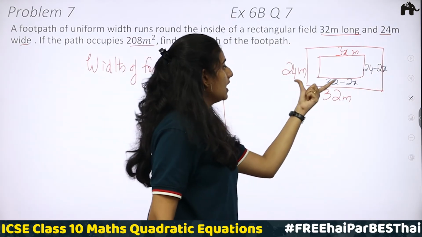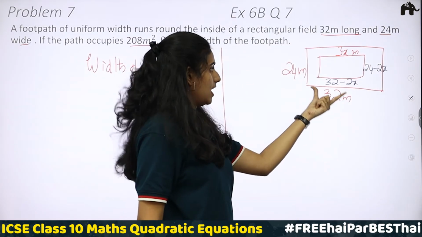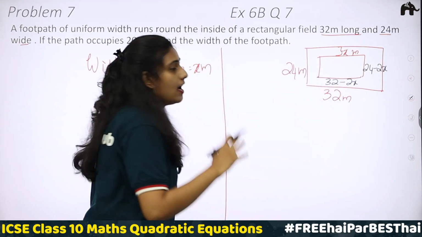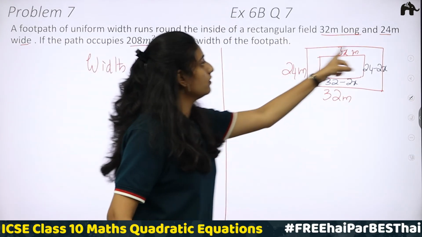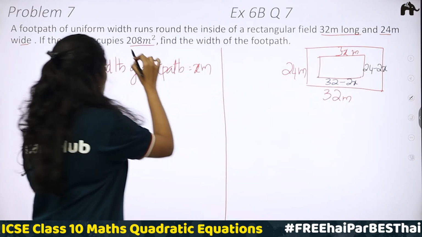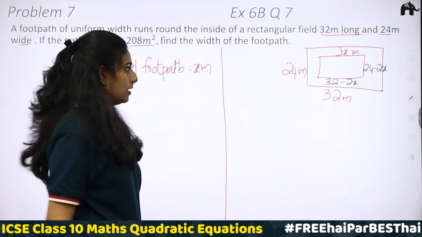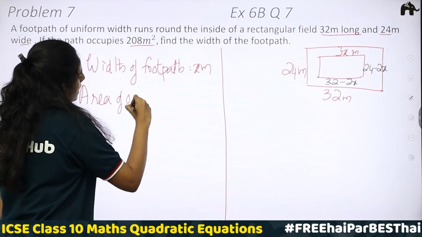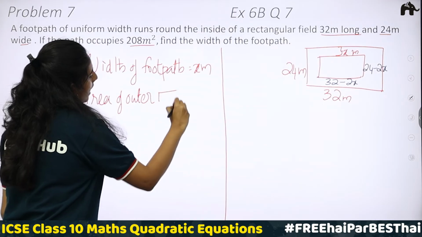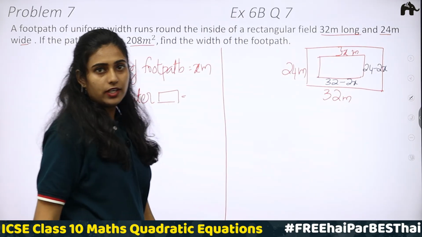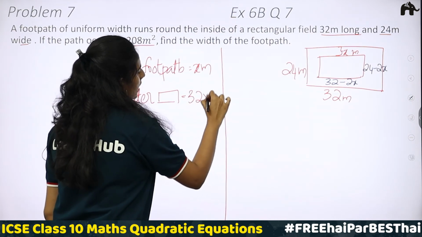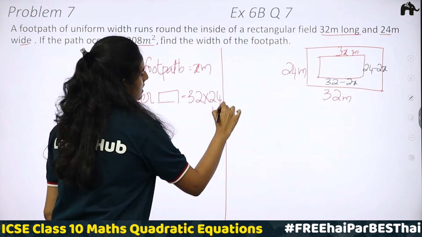We got the length and breadth of the outer rectangle, length and breadth of the inner rectangle. We know area is given, that is area of the footpath is 208 meters square. What is the area of outer rectangle? Area of outer rectangle will be equal to length into breadth. Here 32 into 24 meters square.